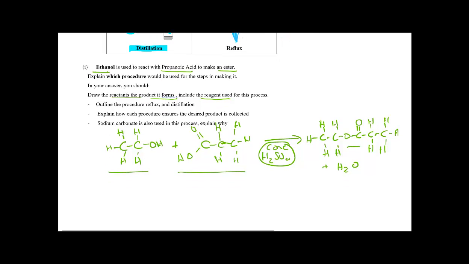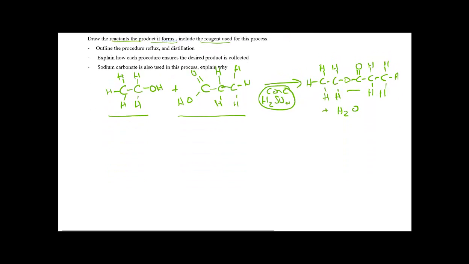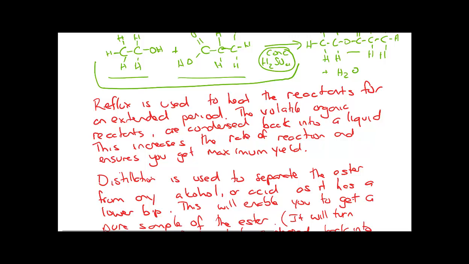And how does each procedure get used to ensure you get the product? Now, initially when you're reacting this together and you want to ensure you get maximum yield, you're going to be doing reflux. So you're going to want to heat this for an extended time without losing anything. So you'll talk about that. Okay, I've just written this out, but the reflux bit is really all just about increasing the rate of reaction.